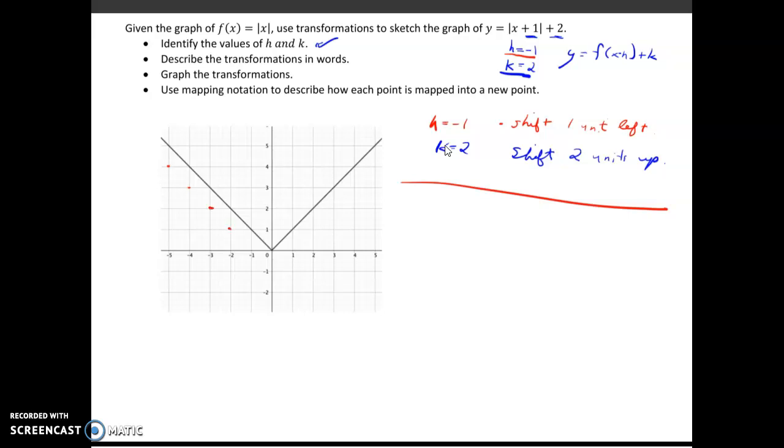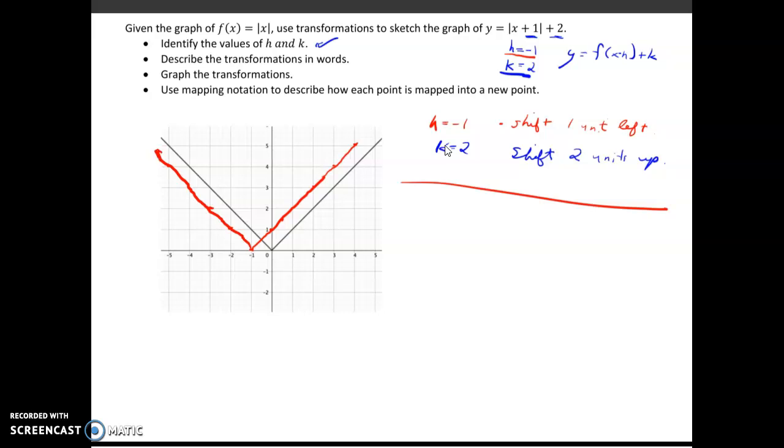Take this one, move it 1 unit over to the left. And I continue on. Now, you could have probably done this much faster than I did. You don't have to actually take every single point and shift it 1 unit to the left, but it just creates something that looks a little bit nicer here.